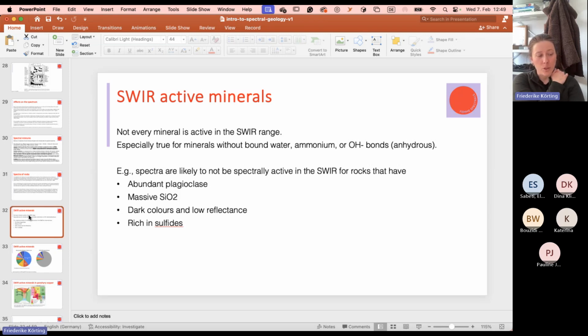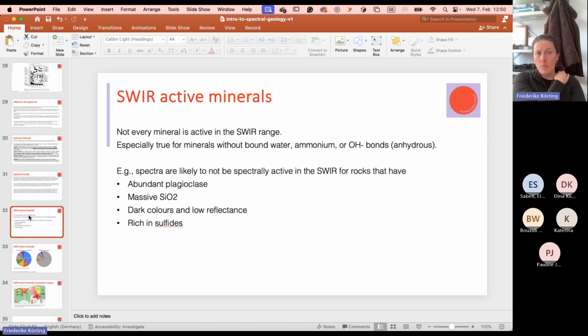Some of the altered silicon dioxide, like opal or water-bound, will be visible, but most of the massive silicon dioxide will not be visible. For example, for epithermal gold, we won't necessarily be able to map vuggy quartz if we're interested in that.